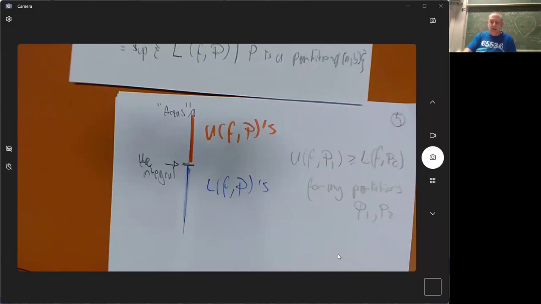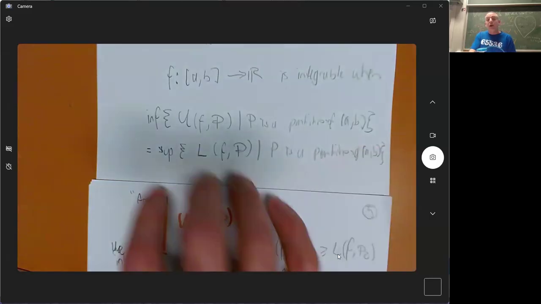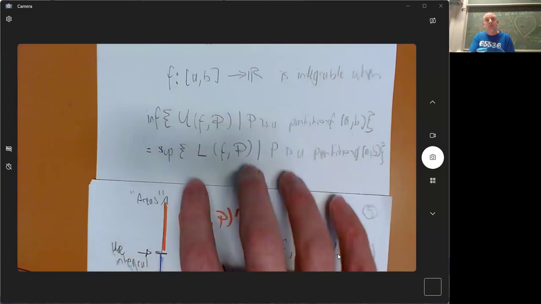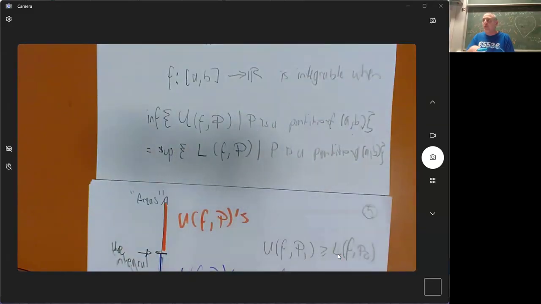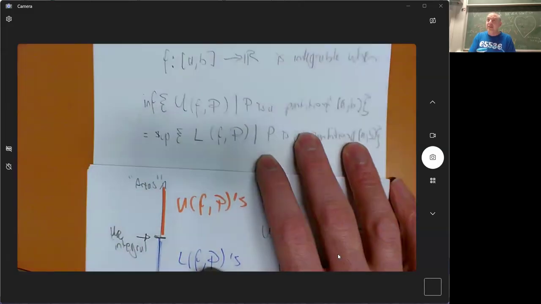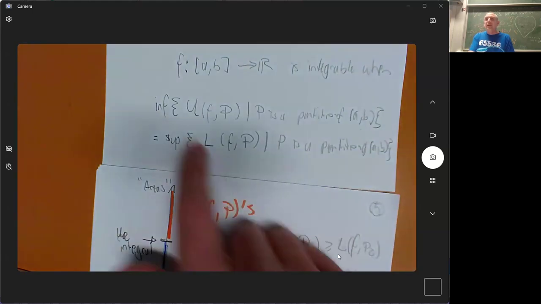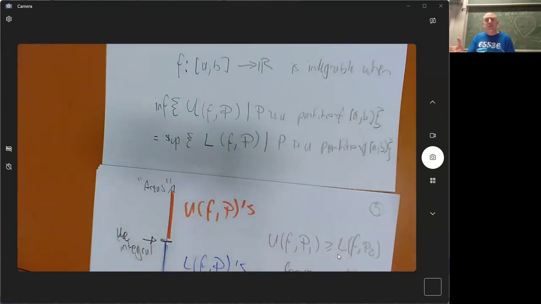Another way of saying this is there's exactly one number that's greater than or equal to all of the lower sums and simultaneously less than or equal to all the upper sums. The other way of saying it is that there isn't a gap between these two things.